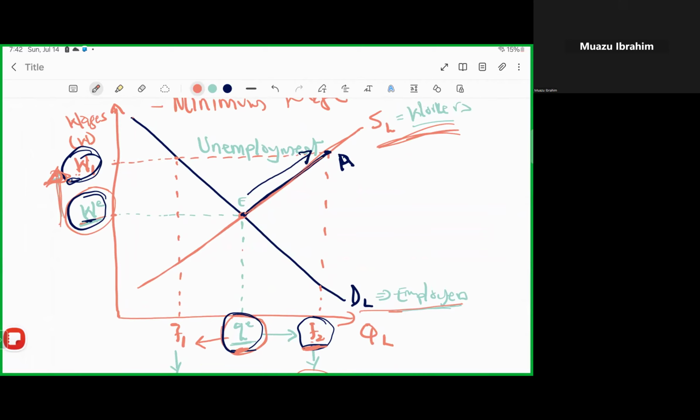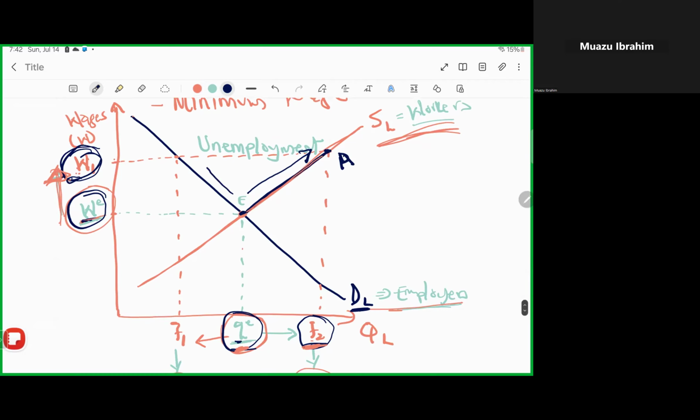So they will downsize. By downsizing, it means that they will decrease their demand for labor. Remember, because price has increased from WE to W1, from the law of demand side, at higher price, less will be demanded. So from the perspective of the employers, demand, which was QE at equilibrium, and the price was WE, because we now have an increase in the minimum wage, what will happen to demand?